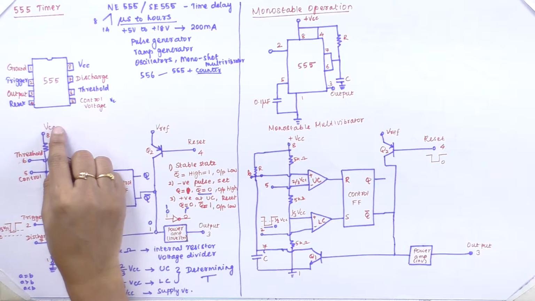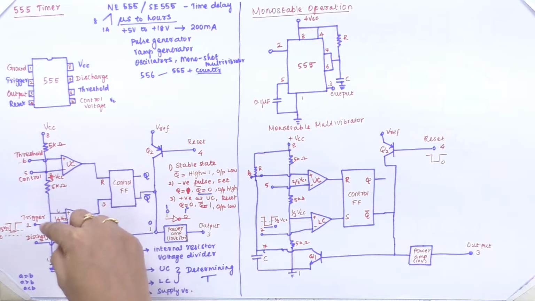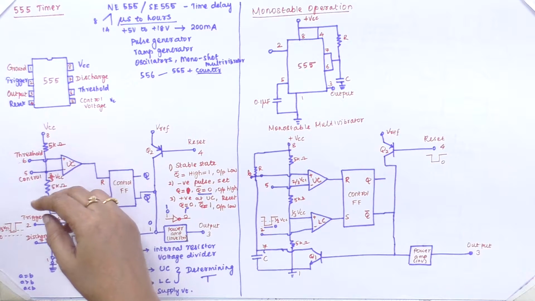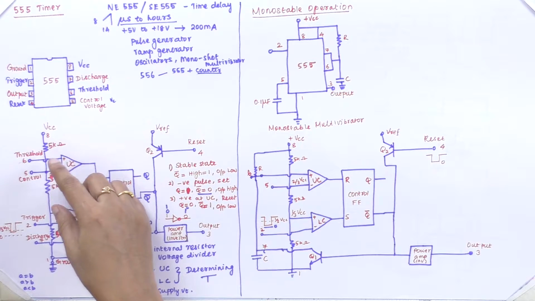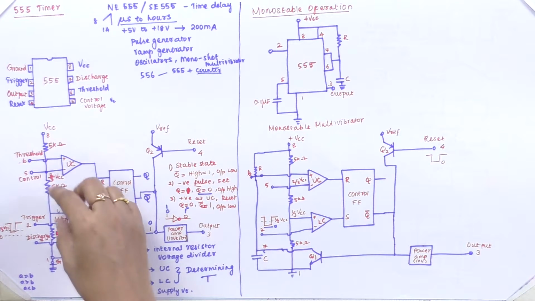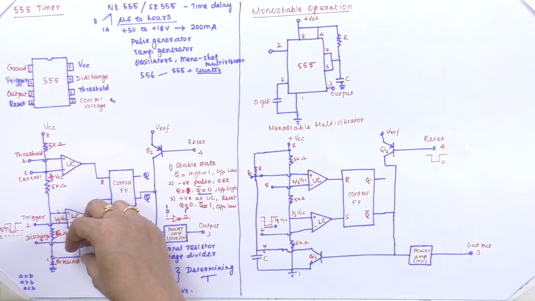Here the 8th pin supply is connected with 3 resistors. Those 3 internal resistors act as a voltage divider, and it is connected to the upper comparator and the lower comparator.